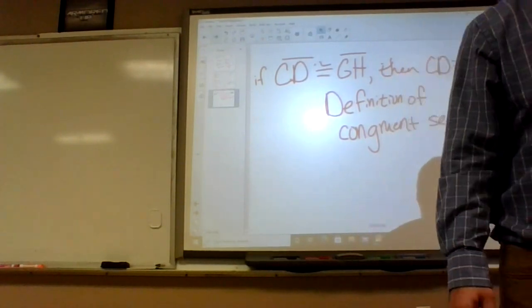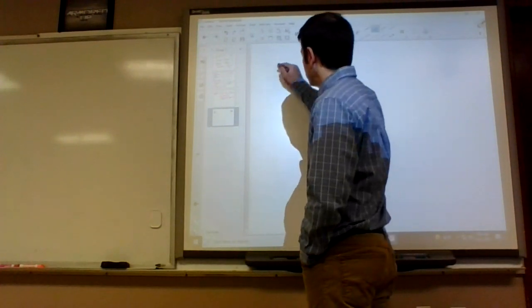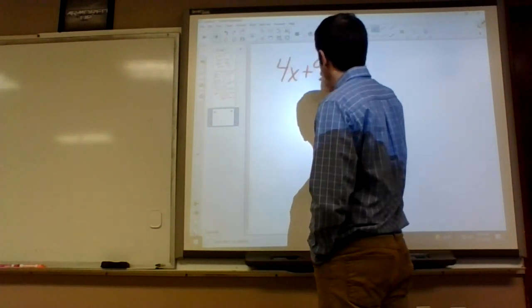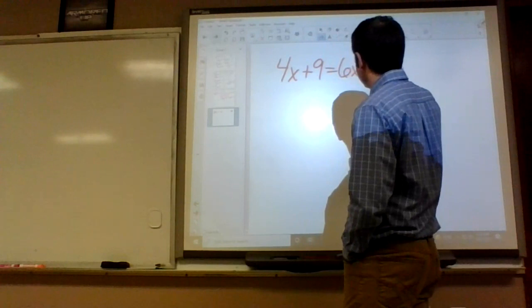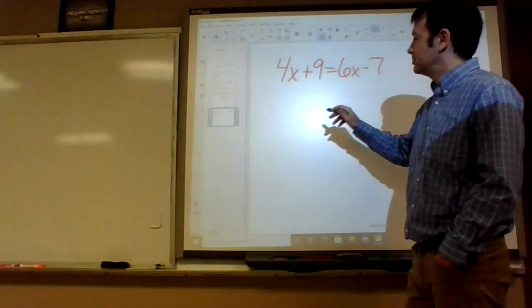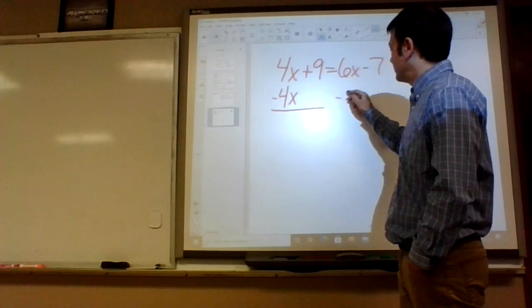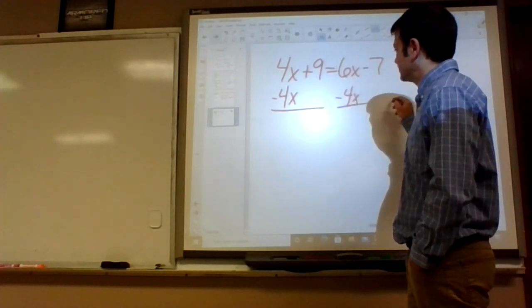4x plus 9 equals 6x minus 7. What do we do when we have x's on both sides? Subtract the x's. Or if it was a negative x, you'd have to add it.